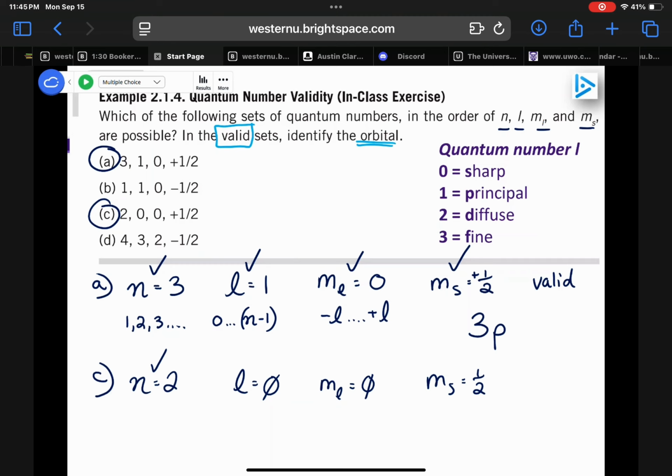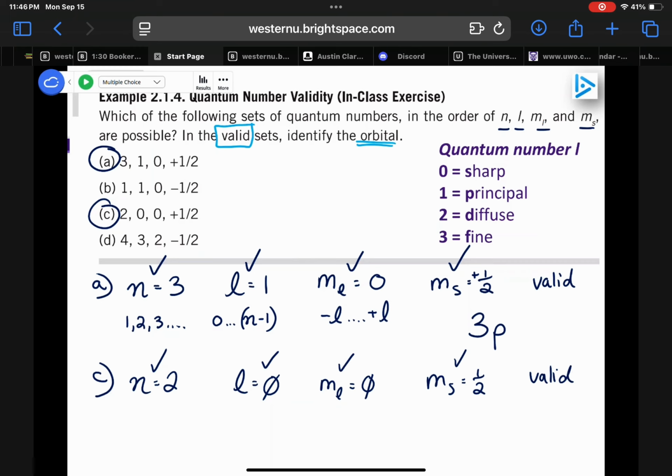Sure, that meets the rules. ML, we look at what L is. It's 0. It's allowed to go from -0 all the way to +0, which is 0. And it is 0. There's only one option, and it hit the one correct option. And MS is one of the two valid options. So yes, this would also be a valid set.